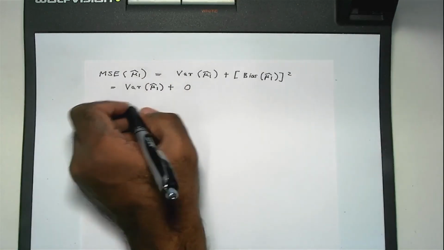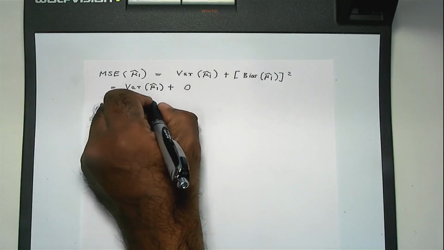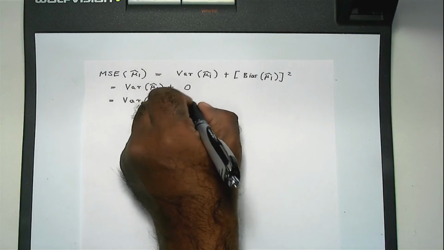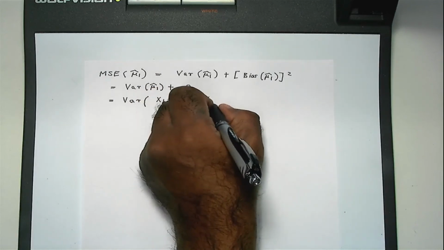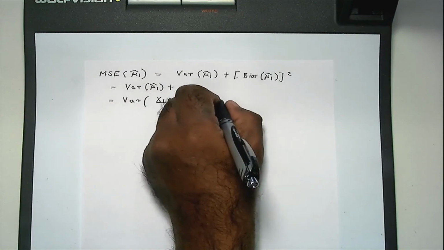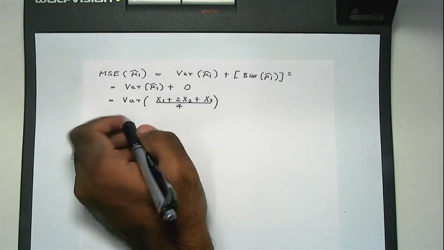Okay, so this is going to be the variance of this, right? Taking the variance inside, you should remember to square the constants.